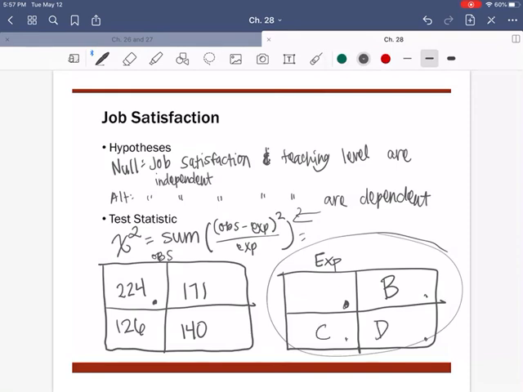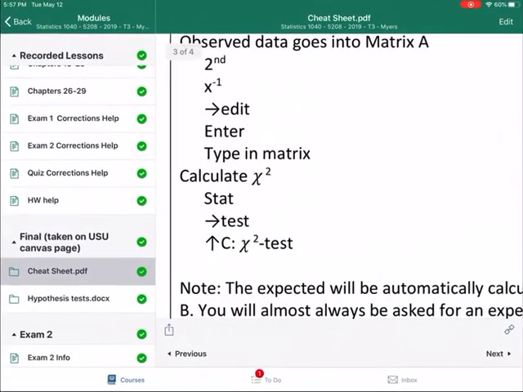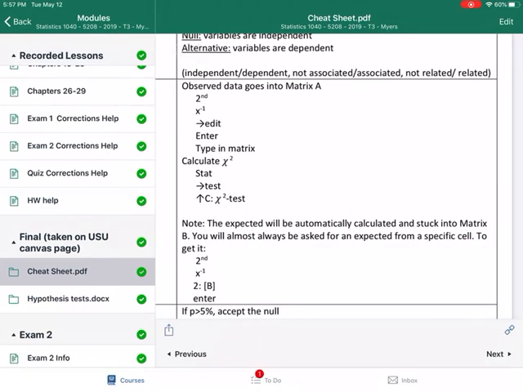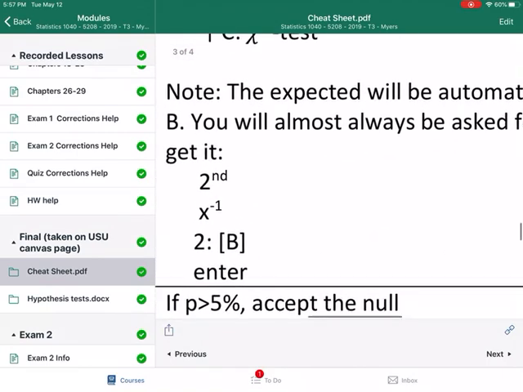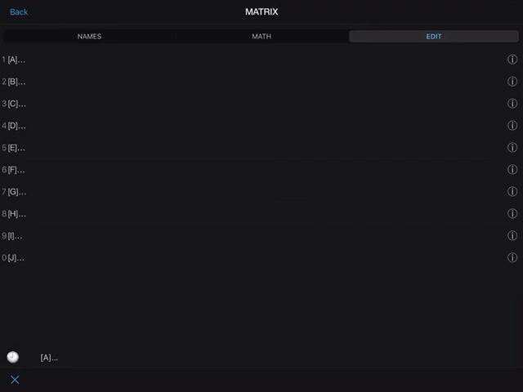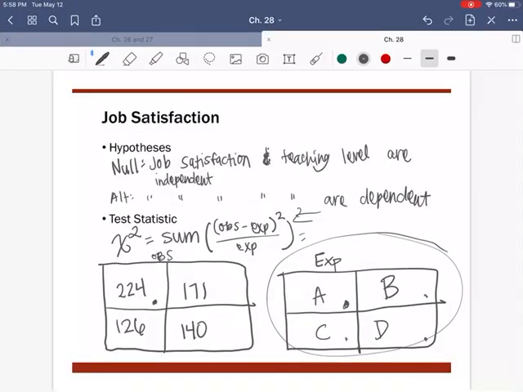So let's find where those expected numbers went, because typically on finals, I see a question that asks you to fill in the number for cell B, or like cell D, C, or A. If we want those numbers, we have to find them by going back into matrix B. So we're going to go second, x^-1, arrow over to names, and just choose matrix B and hit enter.